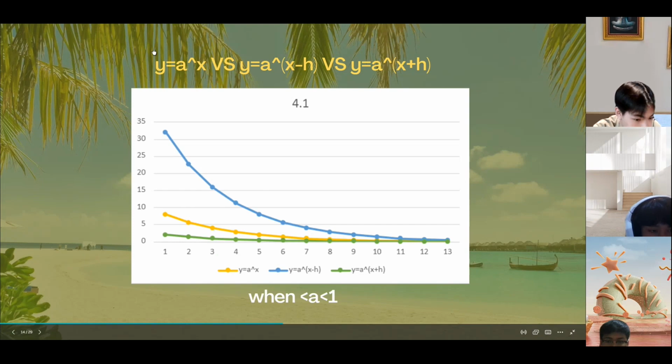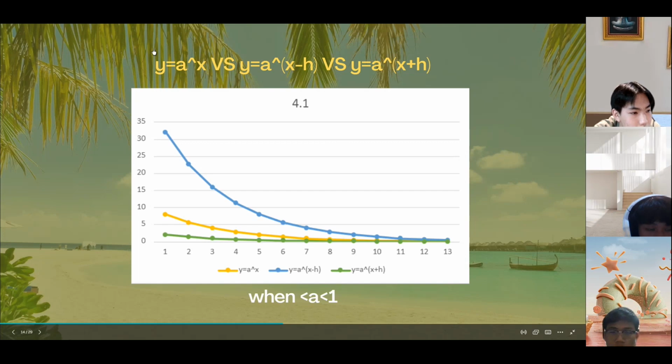Next one is a is more than 0 but not more than 1. And the blue graph is y equals a times x minus h, and the yellow one is y equals a times x, and the green one is y equals a times x plus h.